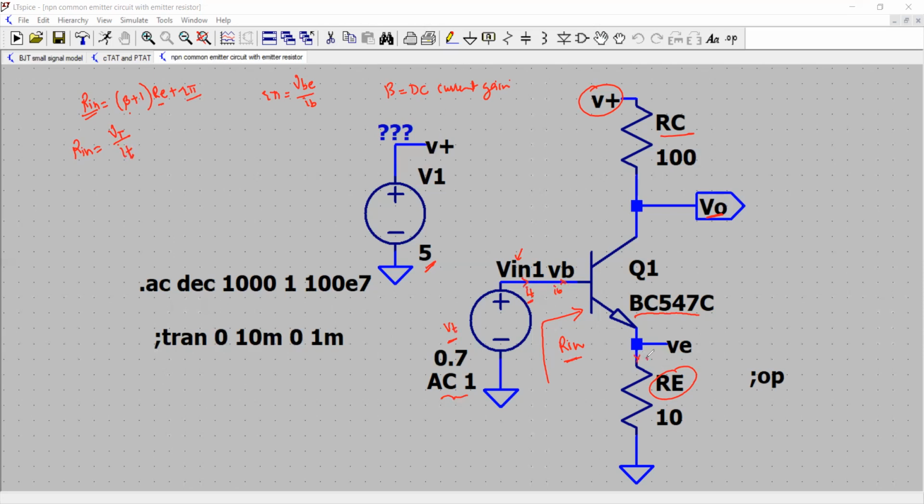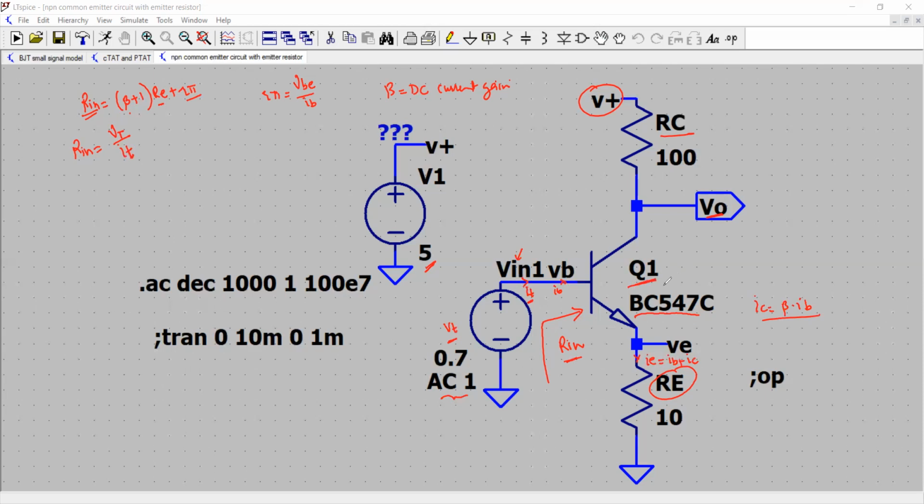And IE is going to be the sum of IB plus IC, and IC is going to be beta times IB. We've seen this from the equivalent model, so refer to the previous module where we explained the small signal equivalent circuit of this particular circuit, and from that we derived that one.